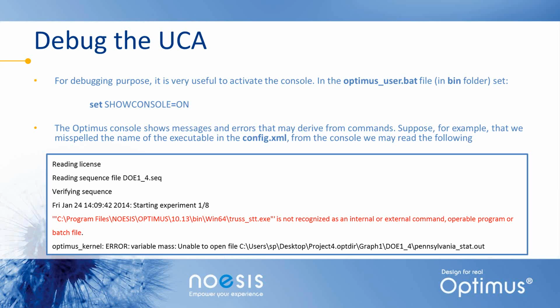Just turn it on, write something like set console on, and once you have done that, you can have some extra messages on the console. For example, suppose that we have made a kind of typo in the command that we have run. You will have something like that on your console. So this can really help in debugging your UCA.